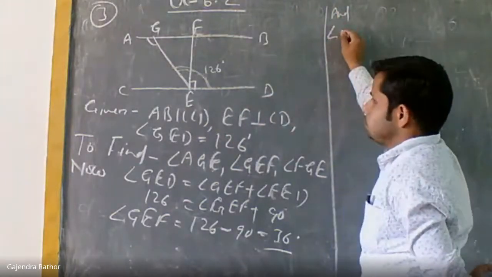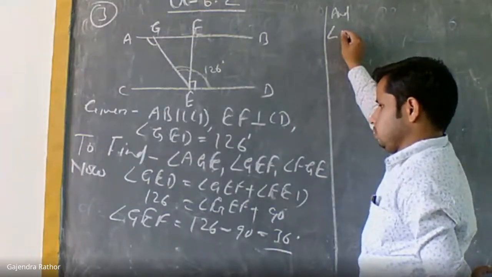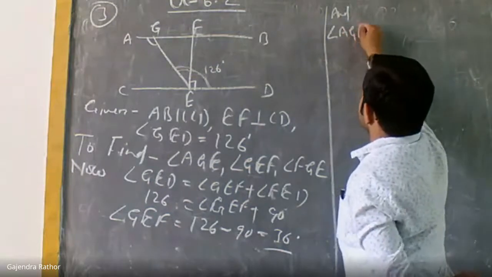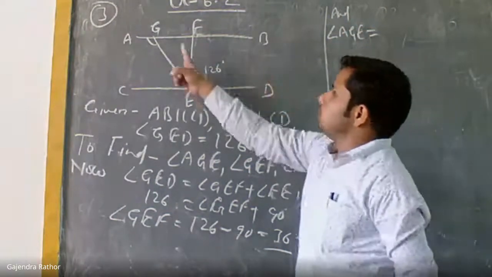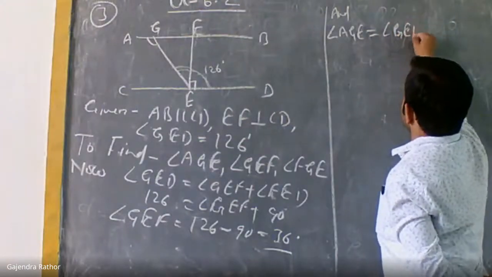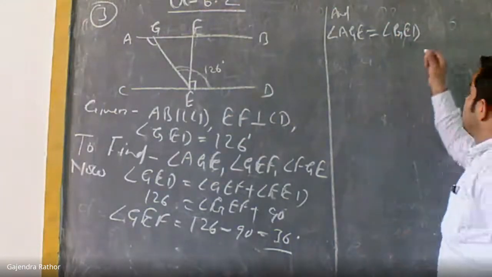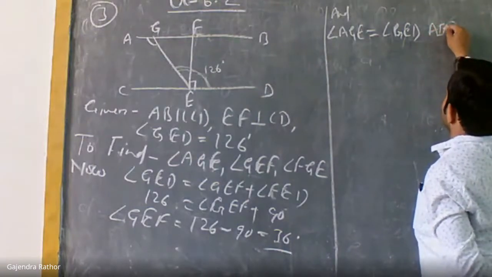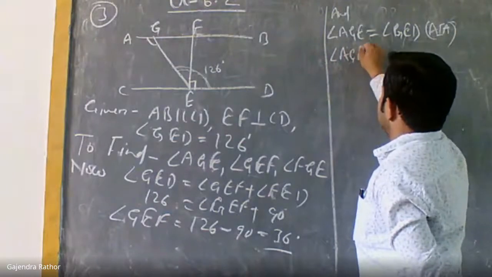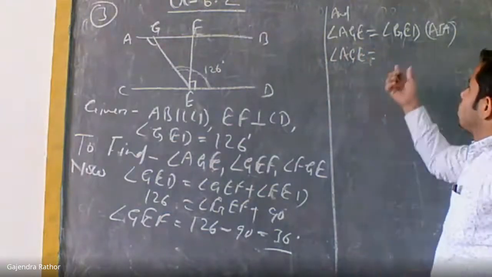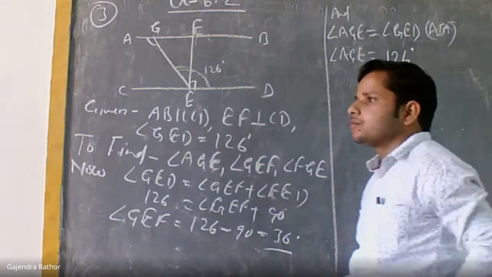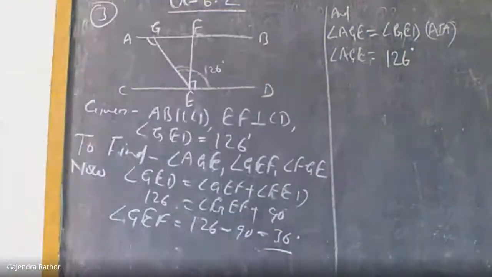Angle AGE is equal to GED. Why are they equal? Alternate interior angles. So the value of AGE is equal to GED, 126 degrees. This is the second angle.